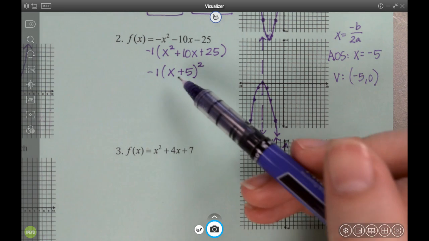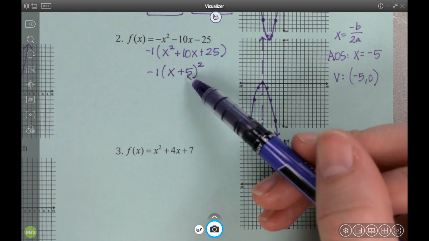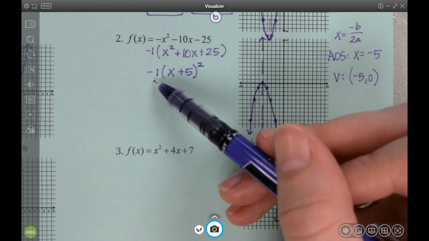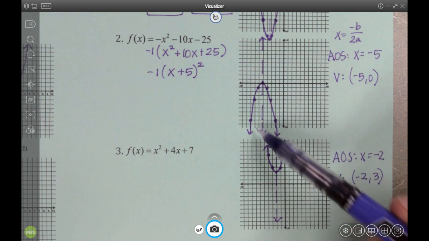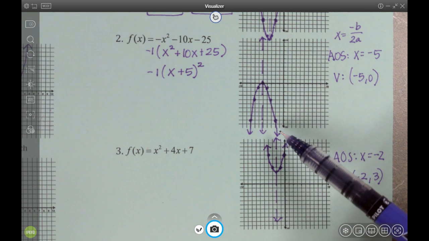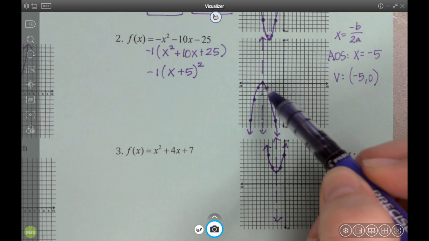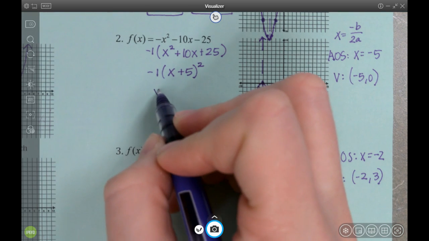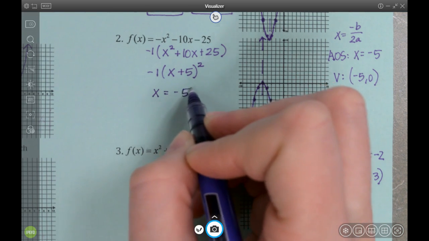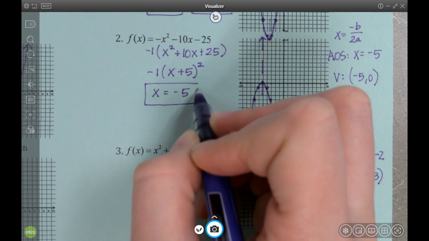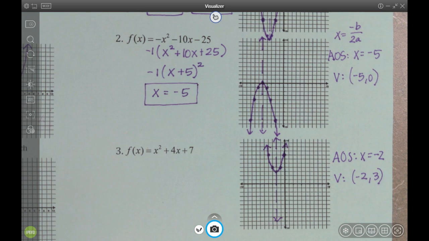Okay, that's vertex form. Tells you that your graph moves to the left 5 and reflects over. So you could have graphed it that way if you didn't want to do standard form. Okay, but then this also tells you that you have a 0 right here, your vertex, at x equals -5, because that's the point where it crosses the x-axis.